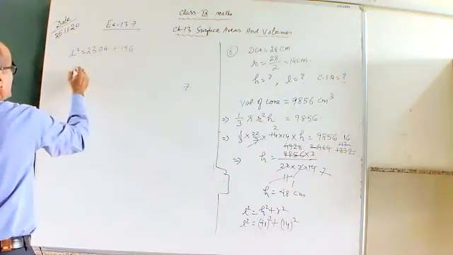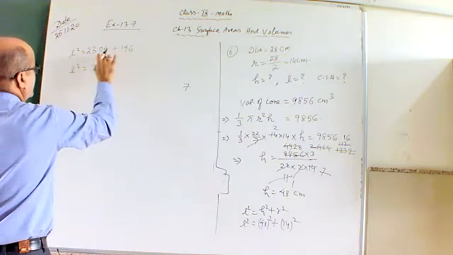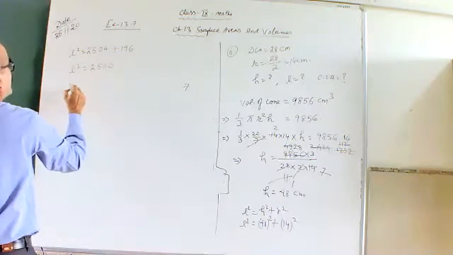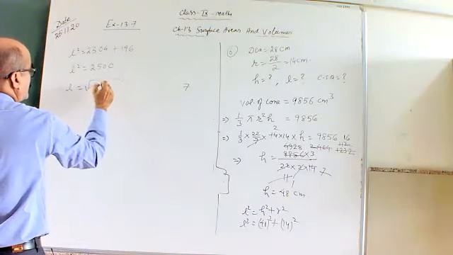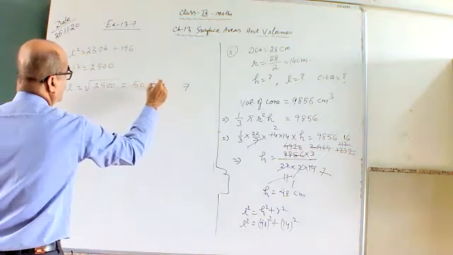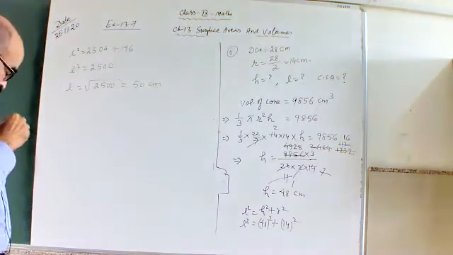So this becomes L square is equal to 2500. So L will be equal to the square root of 2500, that will be equal to 50 centimeter. Right? This will be 50 centimeter.